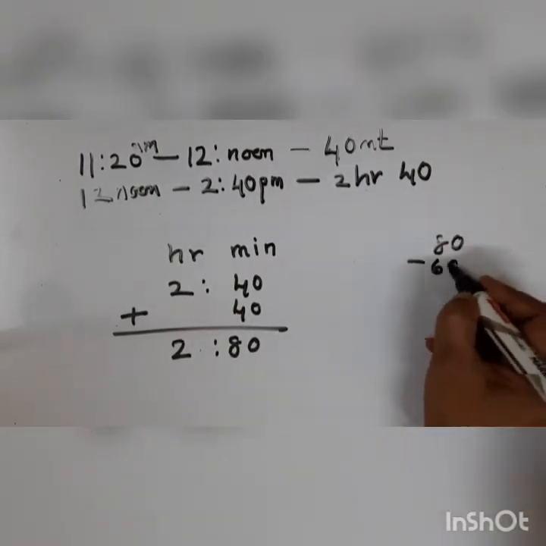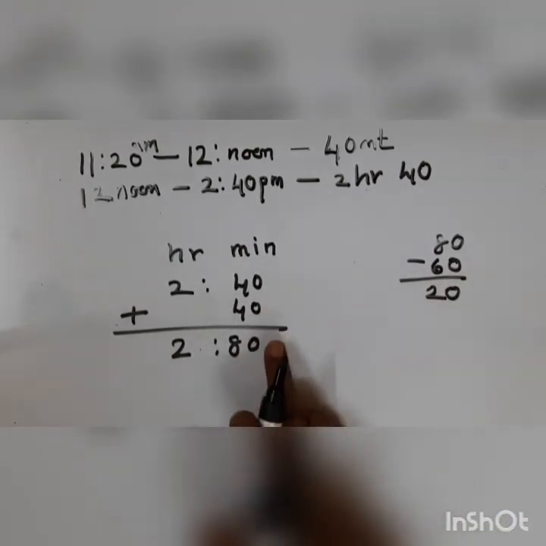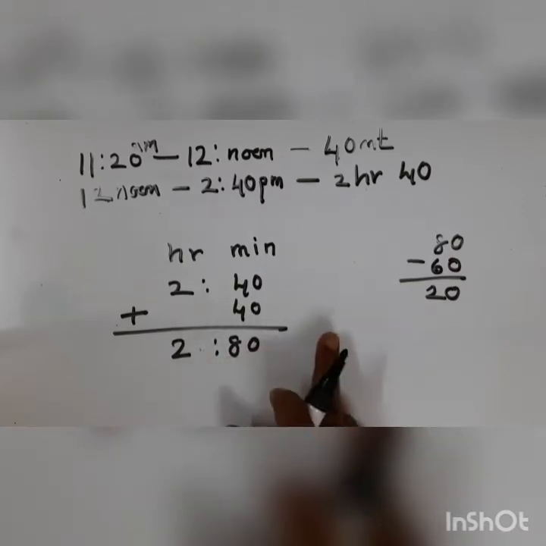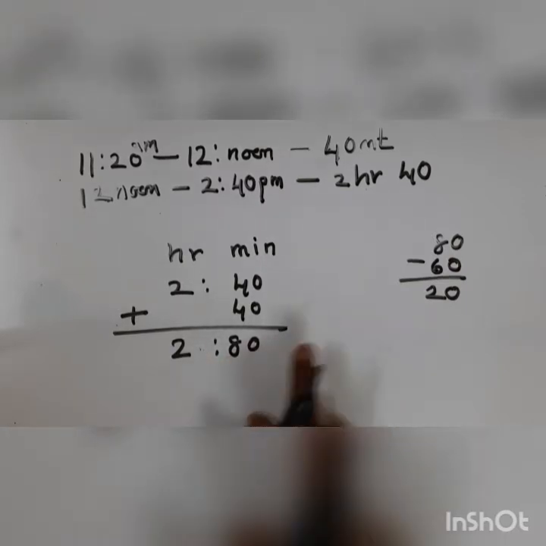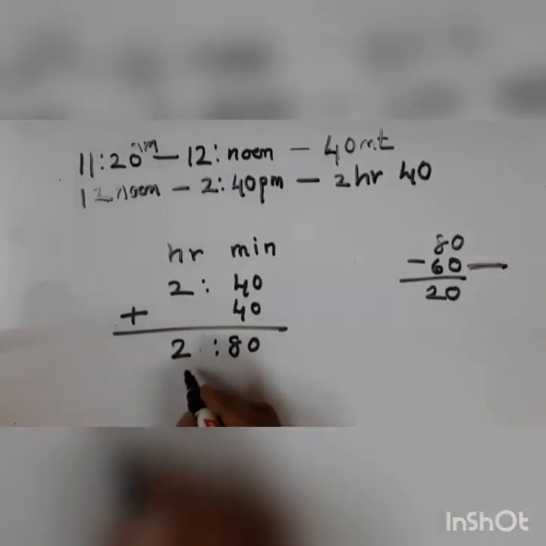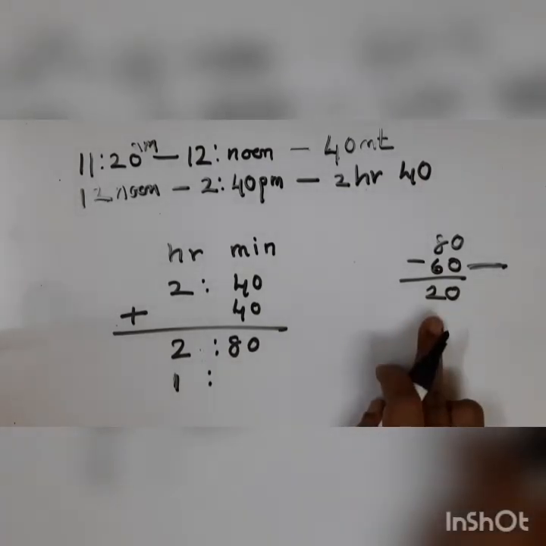80 minus 60 will be 20. Why? Because 1 hour is 60 minutes. Right? So this 60 here, I have to transfer it here. And what remains here? The 20 over here.